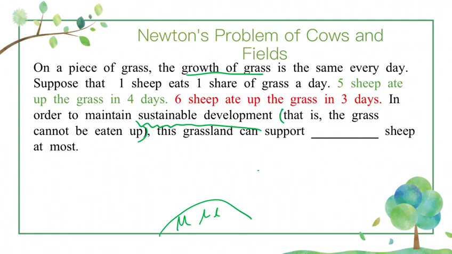If our total grass is going down or is decreased every day, I think in the future, this pasture will be eaten up, right? 如果草地上的总草量每天都减少一点点，那最终它一定会消亡。So if you want to maintain sustainable development, it means your total grass should be grow or just to keep still, right?